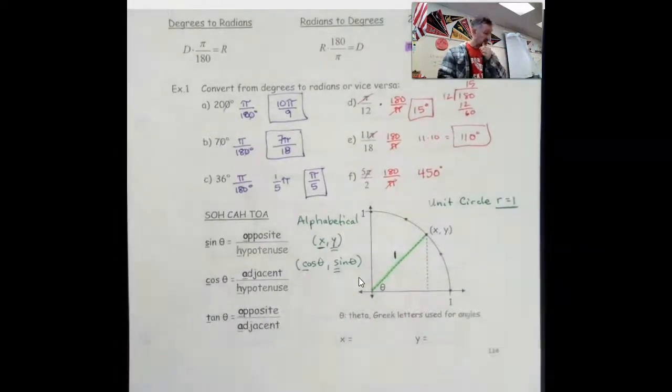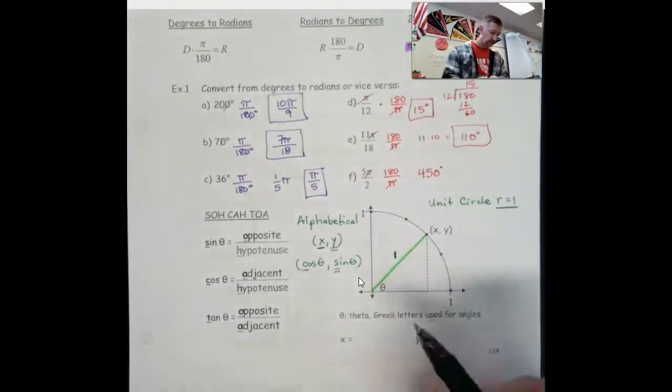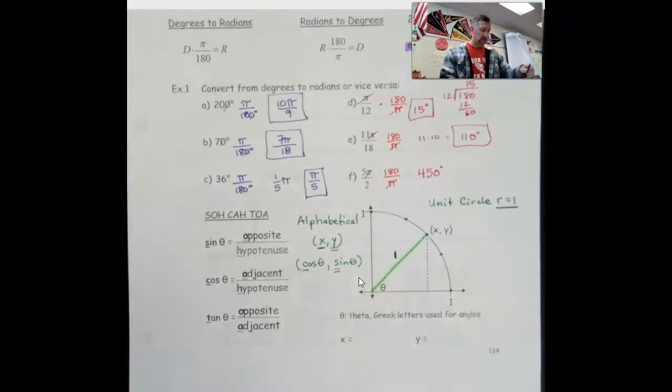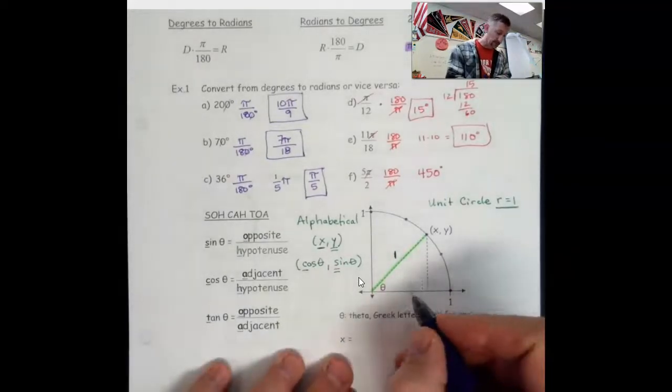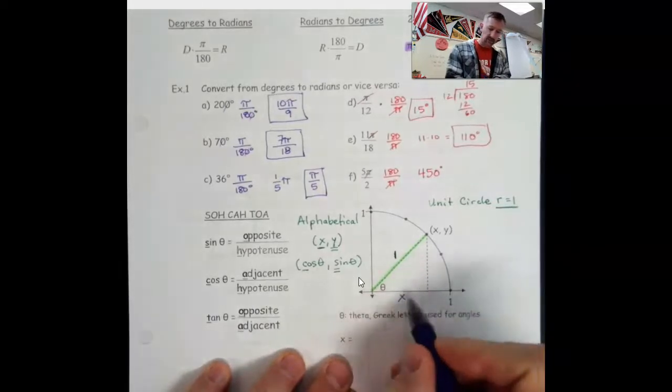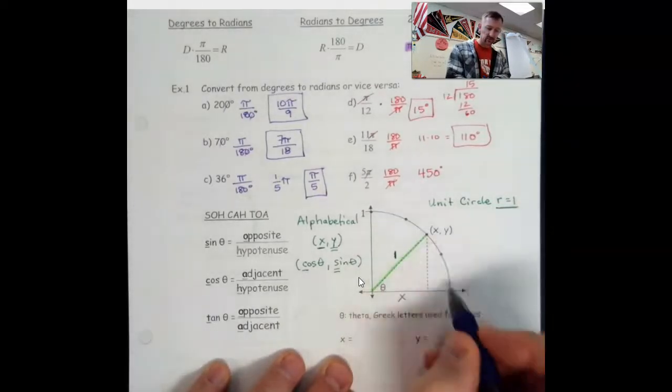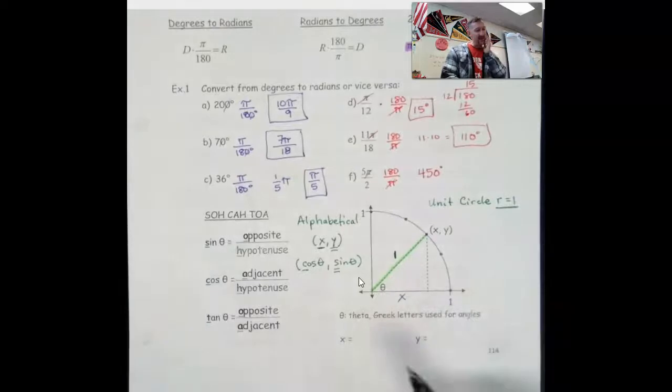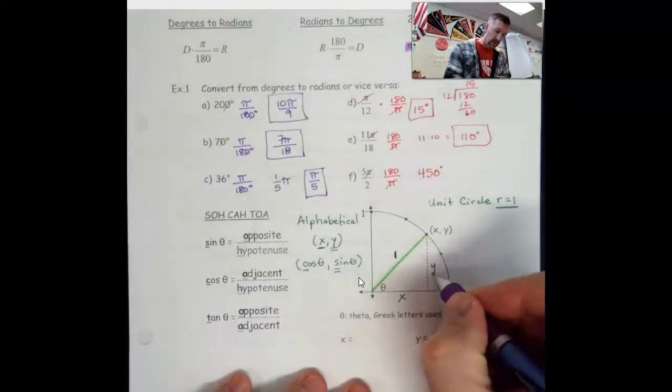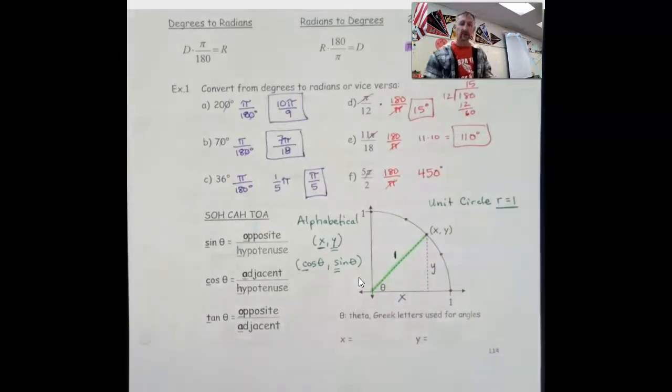Okay, so if we look at this, this distance over here would be x, whatever these points are. This would be x, and this would be y.